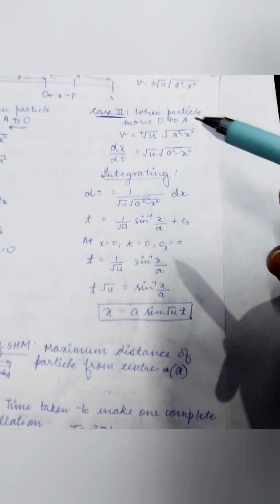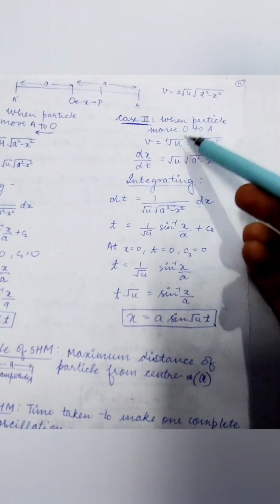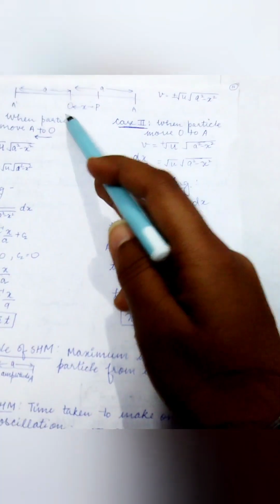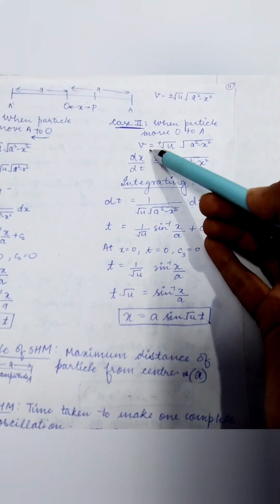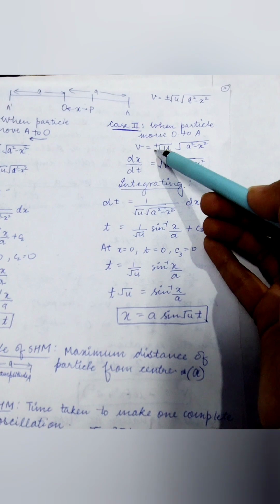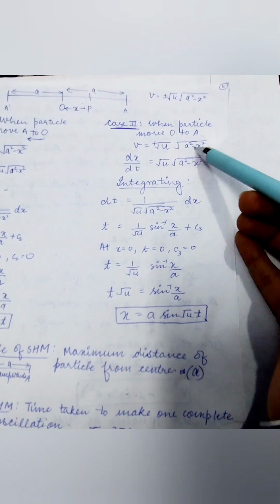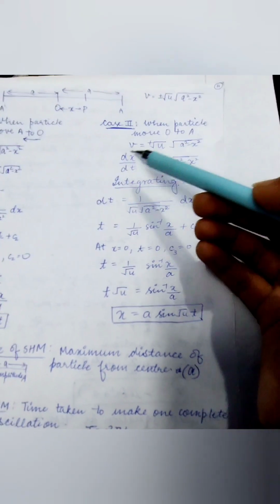Now we will discuss the second case, when the particle moves from O to A. In this we take velocity as positive: v is equal to plus root mu times root A square minus x square.